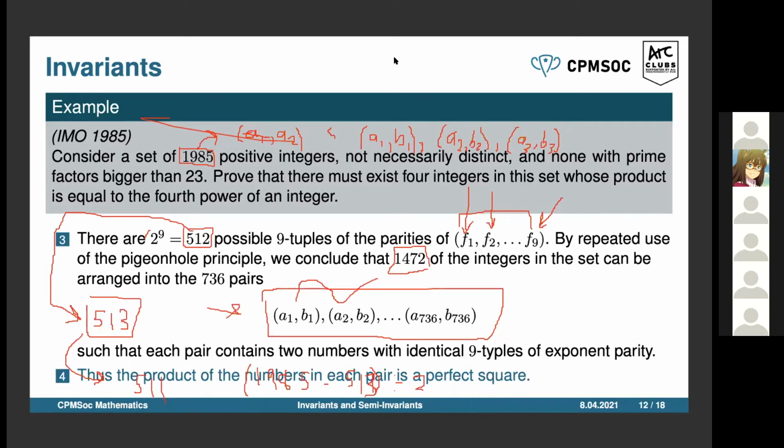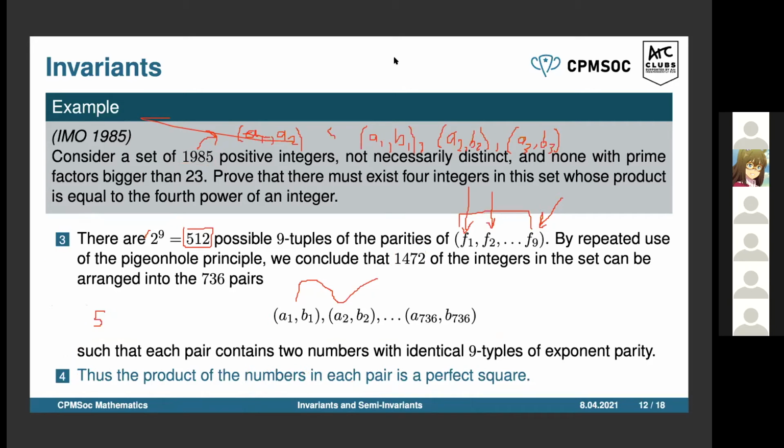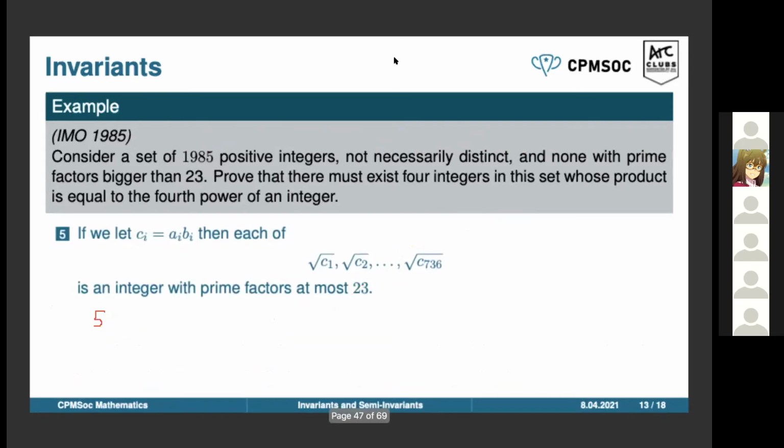So we're kind of halfway done, because we found lots of ways of multiplying two numbers to get a perfect square. The challenge is to find a way to make the product of some two numbers equal to a 4th power. That might take a little more effort than proving perfect squares. All right, so we can go to the next stop point.